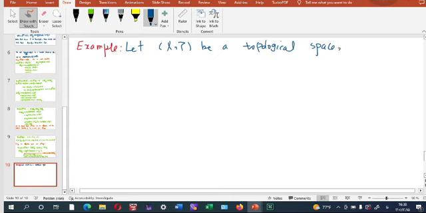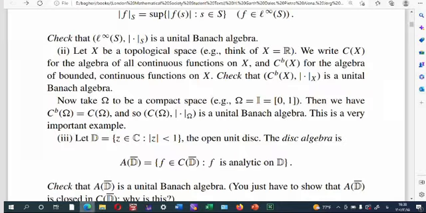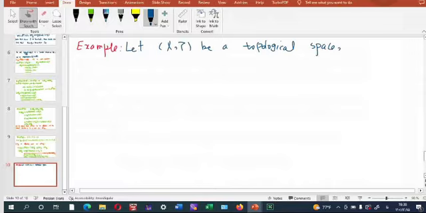Okay. And C of X be the algebra of all continuous functions on X. So C of X equal to the set of all functions from X to C such that f is continuous.